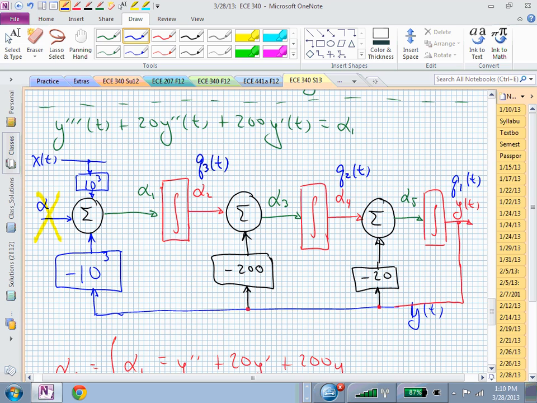What's Q sub 2 prime? It's right here, isn't it? But that's made up of Q sub 3 minus 200 Q1. And maybe you can start to visualize this A matrix. Q sub 3 prime is the one that's going to be maybe more interesting because now it's going to be directly forced by the input.